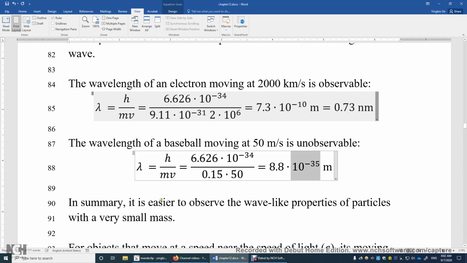In summary, it's just easier to observe the wave-like properties of particles with a very small mass, such as electrons or atoms. And because electrons are much lighter than atoms, it's again easier to observe the wave-like properties of electrons than atoms.